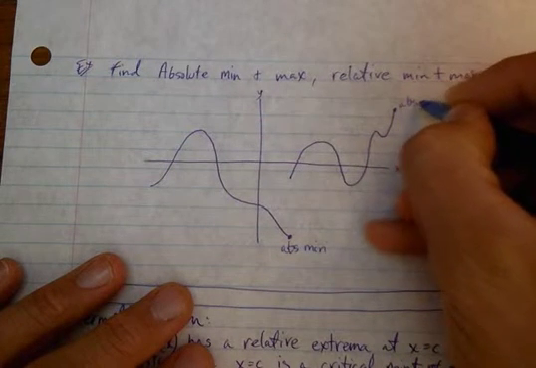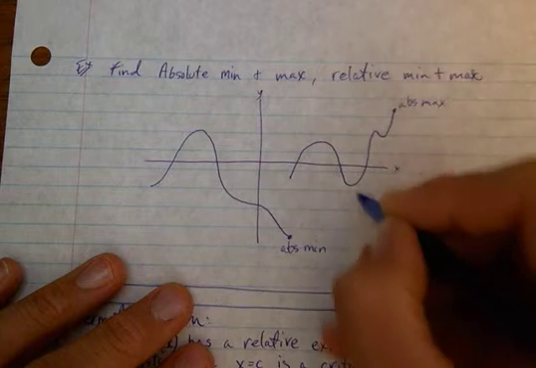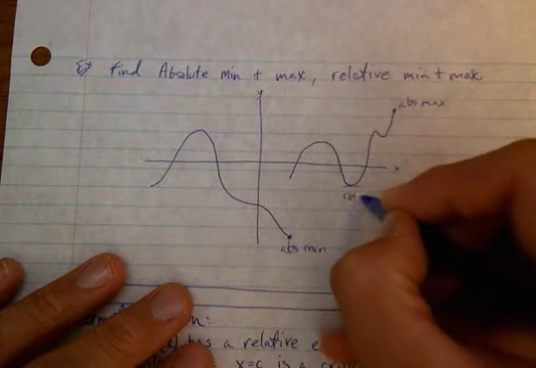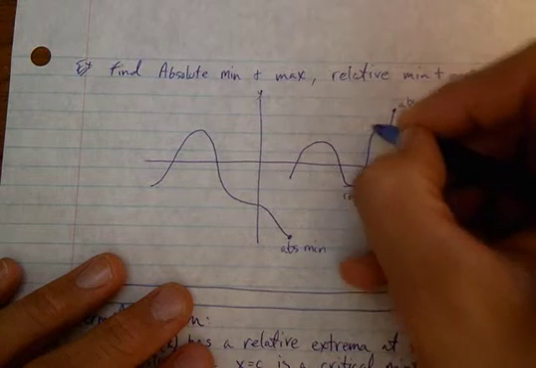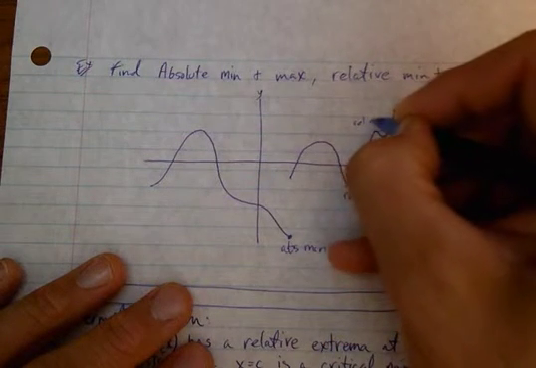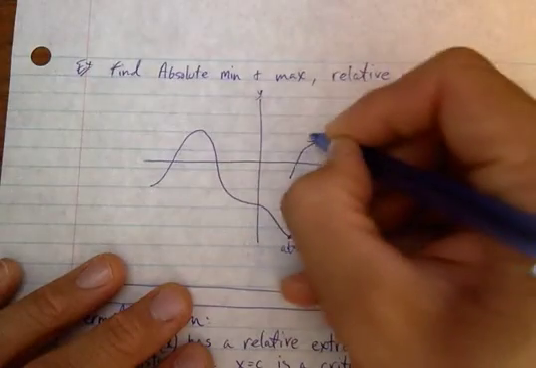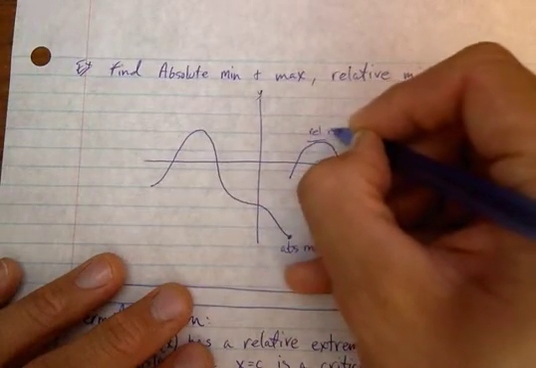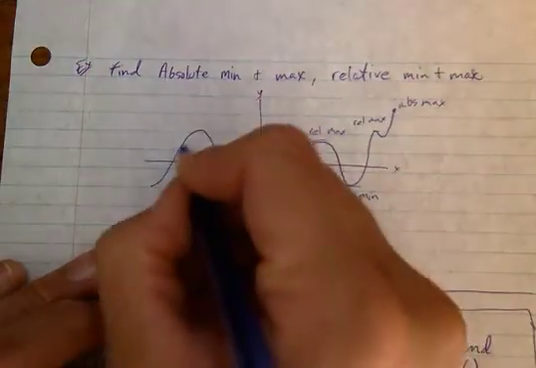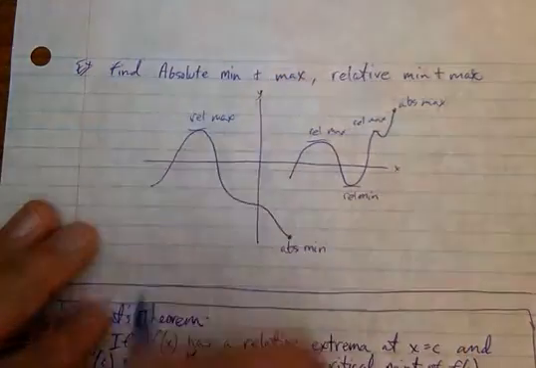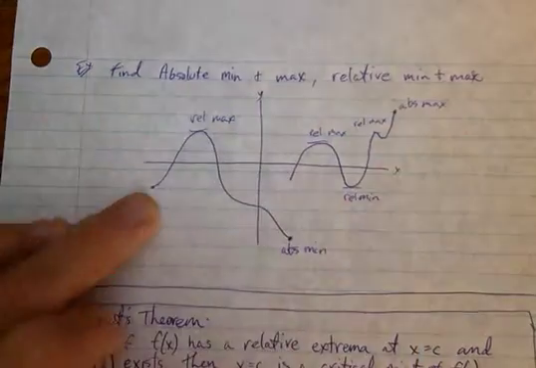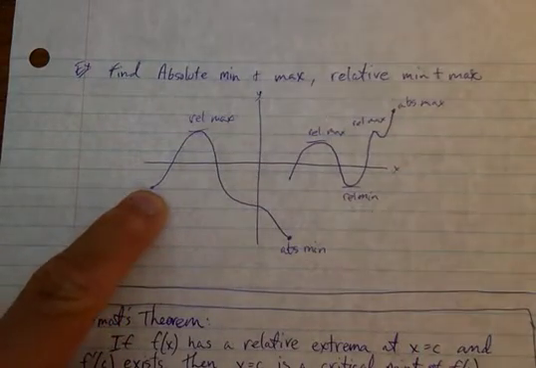That's our absolute max. We've got a relative min. We got a relative max. Got another relative max. Got another relative max. And then over here, that's nothing, because it's not an absolute, and it's definitely not a relative.